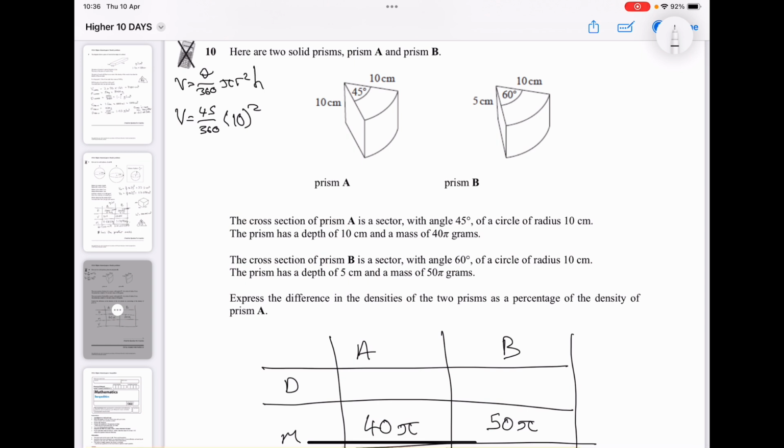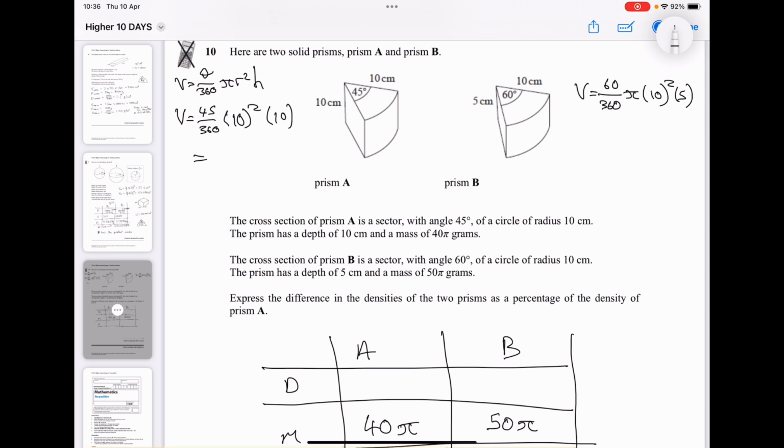So theta, in this case, is 45, the radius is 10, h is 10. Then I'll write this one out over here, which is 60 over 360 pi, radius is 10 again, times this height of 5. Got a feeling these might work out.